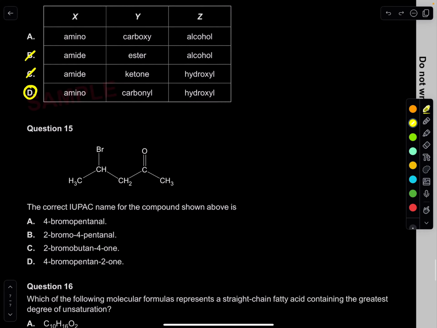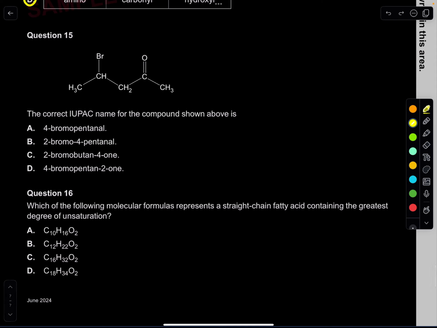All right. Let's have a look at the next question. Question 15. The correct IUPAC name for the compound shown above is what? Easy. First we need to look at the highest priority functional group. And we can see, what is it? It's actually this ketone here. And then of course we have the bromine here.